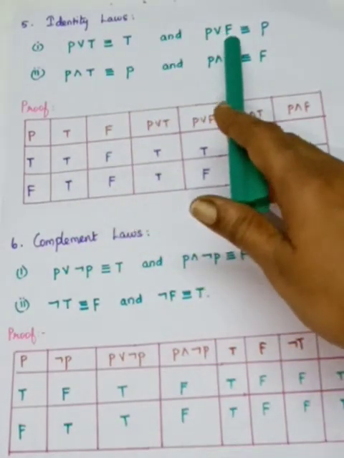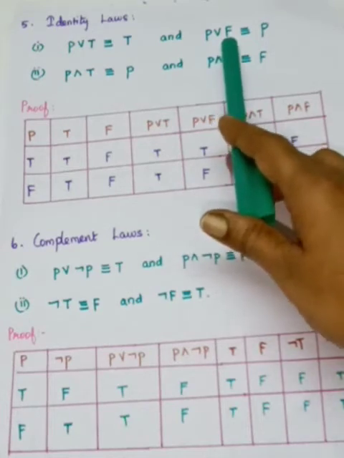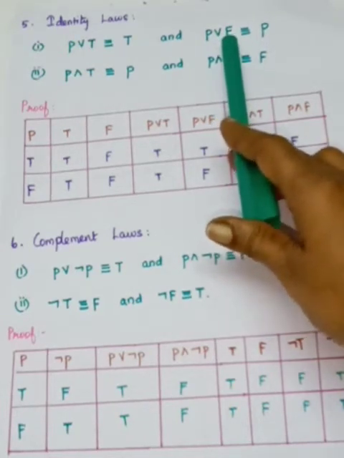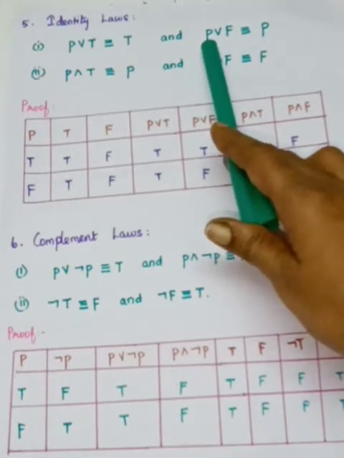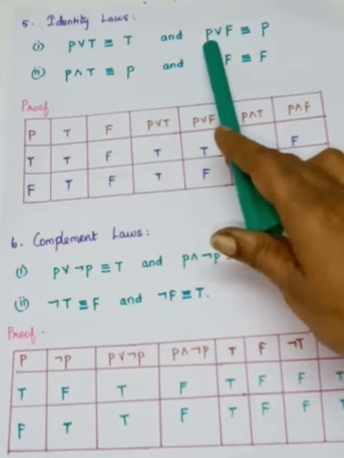Now come to F. F is false here. With F false, you need any one to be true. So if P is true, it is true. If P is false, it is false.